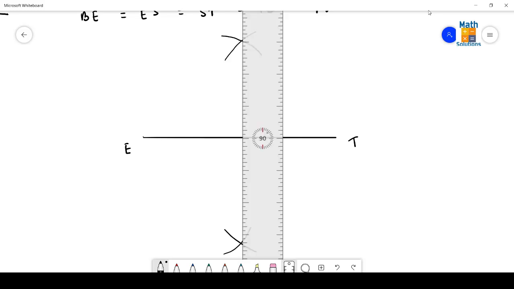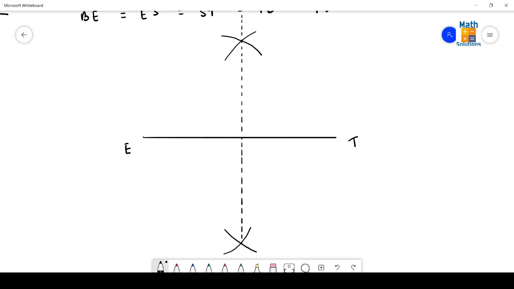Now let us join these 2 points of intersection. We find that actually dotted line should be drawn here. Let us first draw a dotted line, that is the perpendicular bisector of ET. So we have drawn like this.